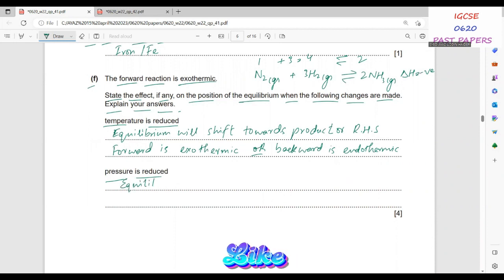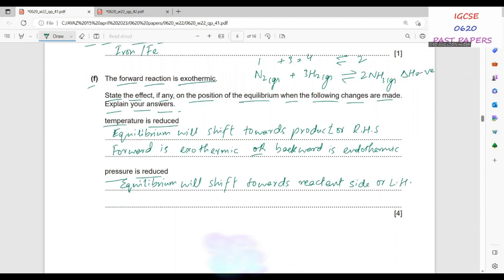Equilibrium will shift towards reactant side or left hand side.